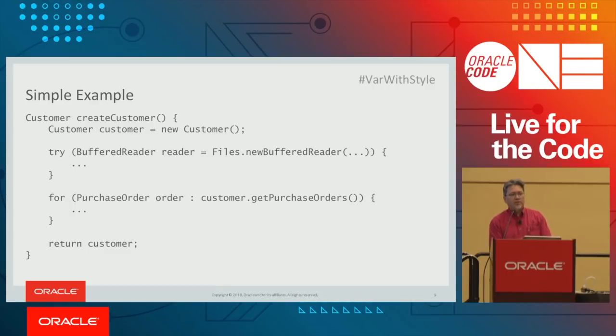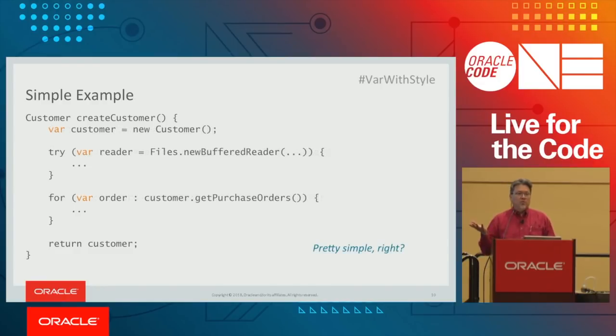So Customer customer equals new Customer, BufferedReader equals Files.newBufferedReader, PurchaseOrder from getPurchaseOrders. Okay, so there's lots of redundancy going on between the left and the right hand sides. So those are cases where we can use var to reduce the amount of redundancy. Var customer equals Customer, var reader equals Files.newBufferedReader, var order in customer.getPurchaseOrders. Makes perfect sense to me.